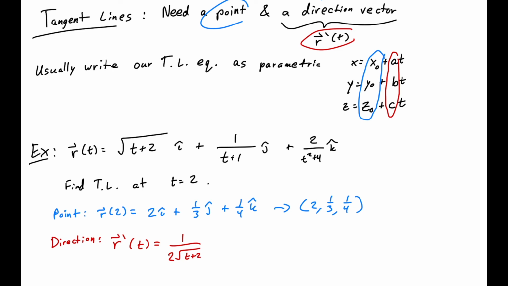We're going to evaluate it, so I'm going to write it into the nicer form. For something like this, I'd probably have changed it to t plus 1 to the negative 1 power. You could use the quotient rule, but that seems like a pain. So I'd have negative 1 over t plus 1 quantity squared. Same thing for this one.